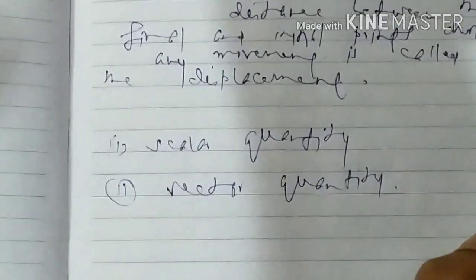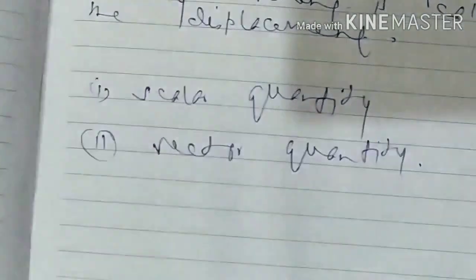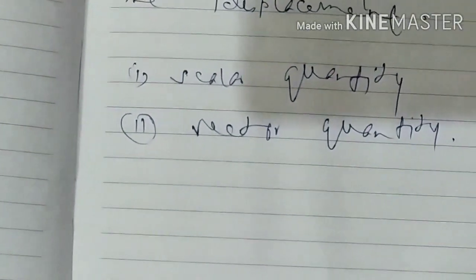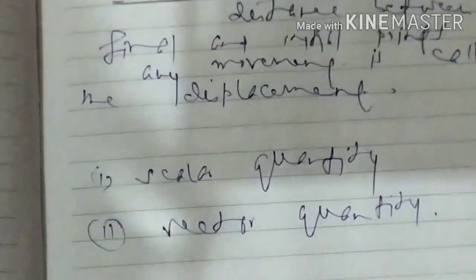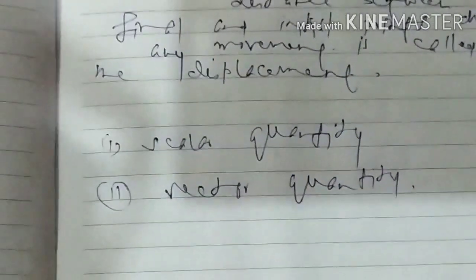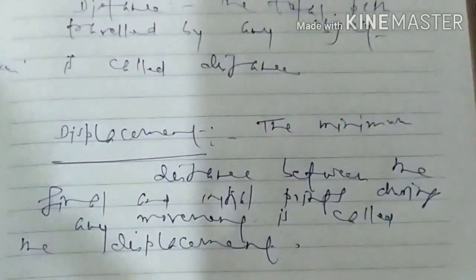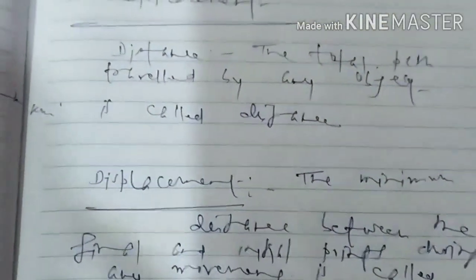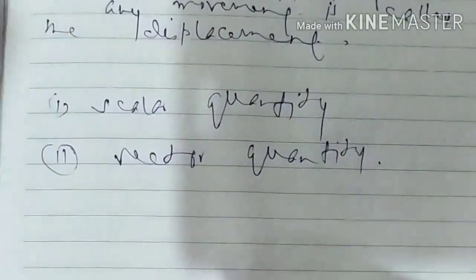In your class 9, scalars and vectors are not given. It will start in class 11. But we should know in advance because it is very useful and we shall use it in many different chapters to explain topics easily. So, we should know really what is the meaning of a scalar quantity and what is the meaning of vector quantity.